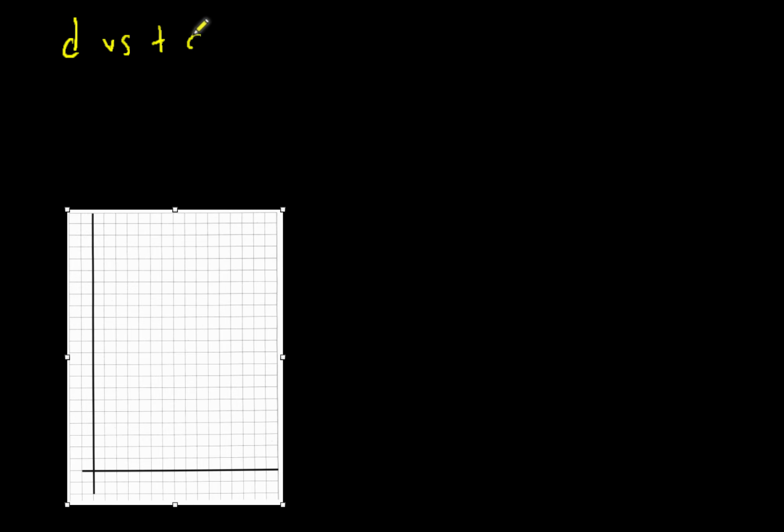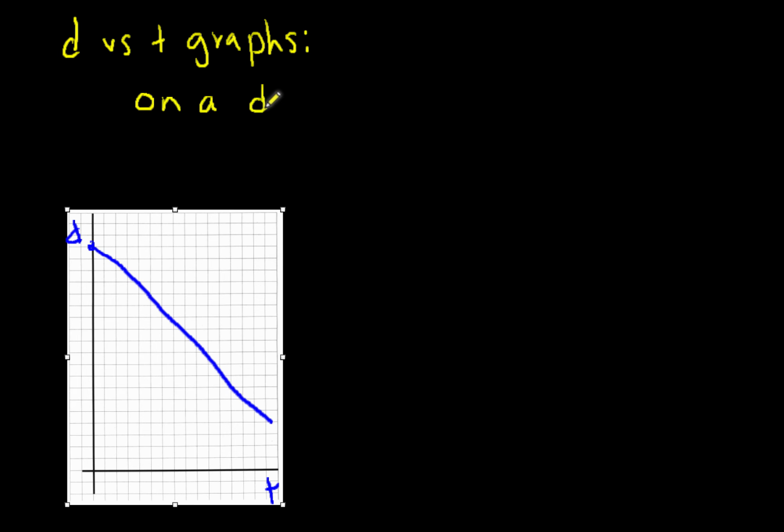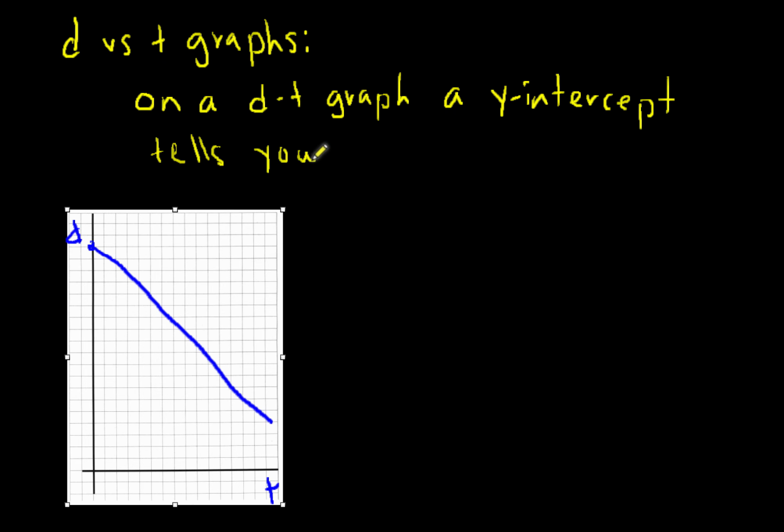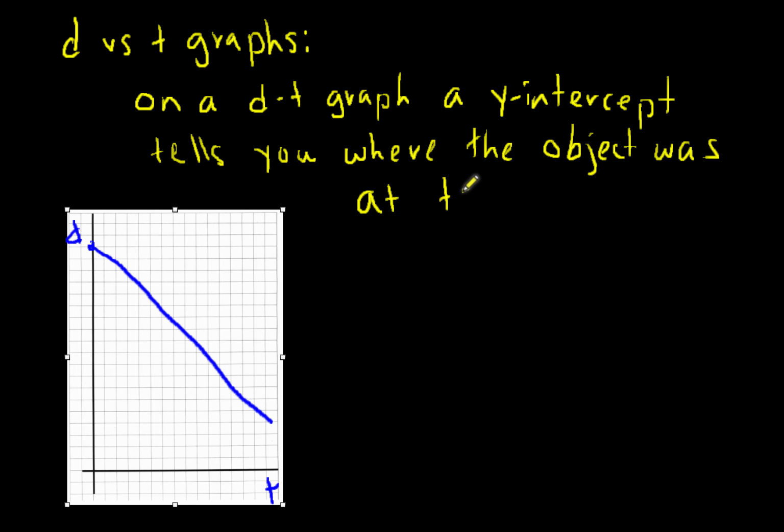For a d versus t graph, the y-intercept also has meaning. Here's a d versus t graph. On a d versus t graph, a y-intercept tells you where the object was at time equals 0.